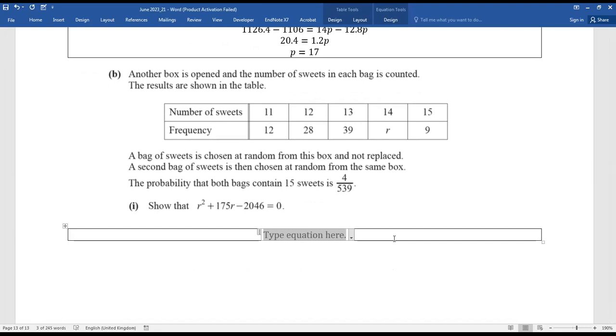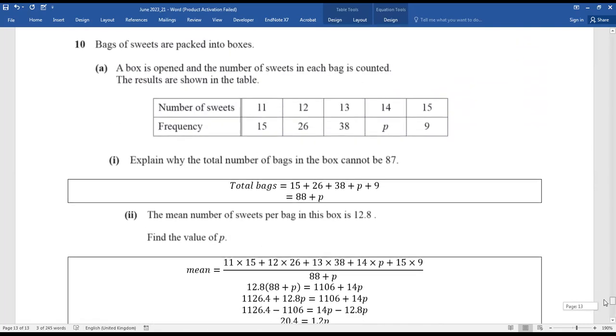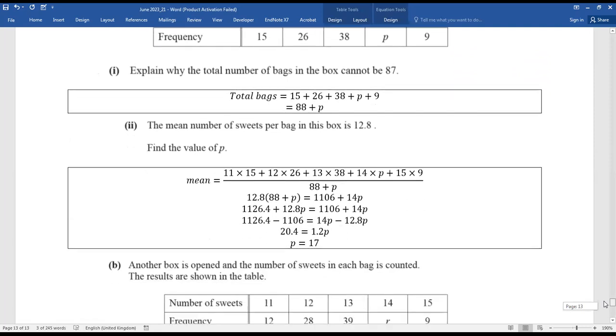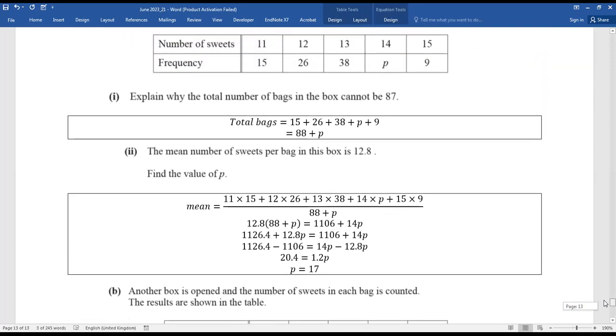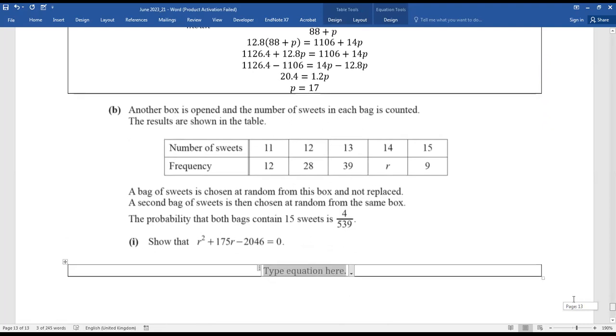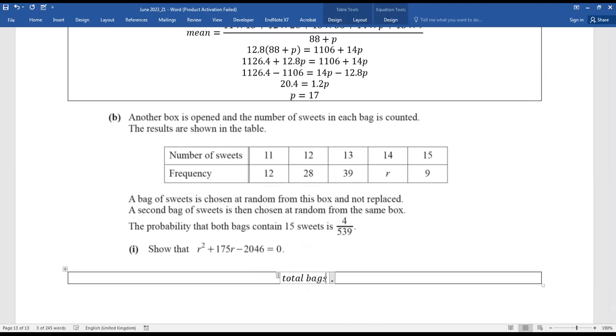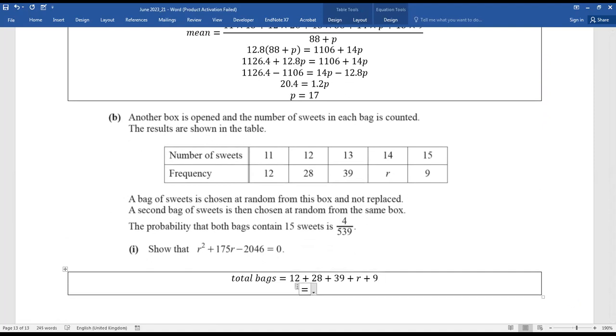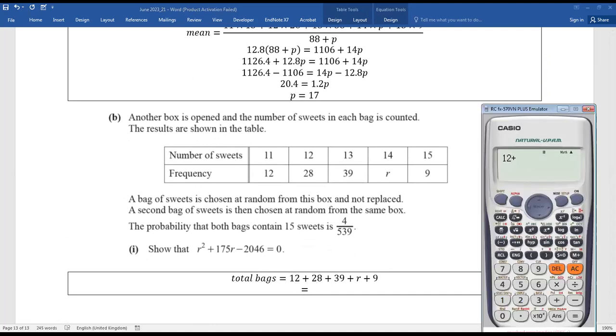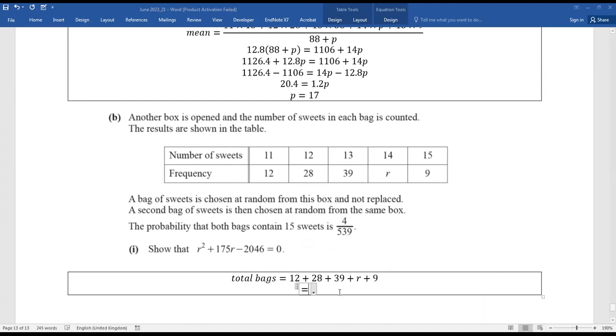Now the total bags are still, just replace the variable P with R because it's a different unknown variable, but the remaining data is almost the same, or is it? Let's change 12, 28, 39, R and 9. So total bags are 12, 28, 39, R and 9, which is 12, 28, 39, and 9, which is 88 plus R again.